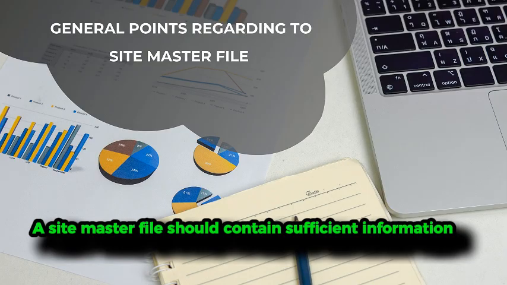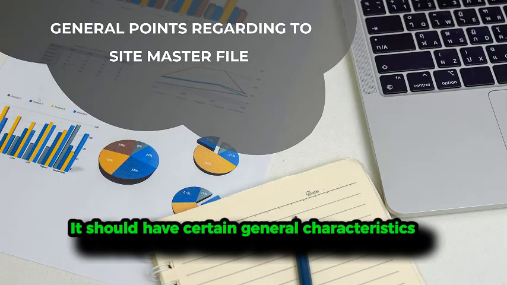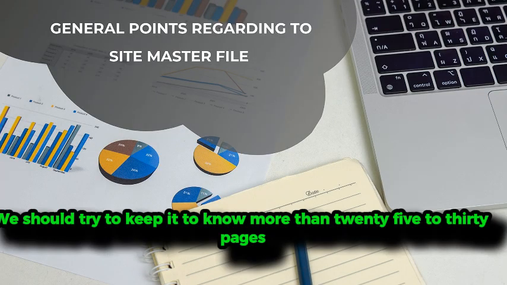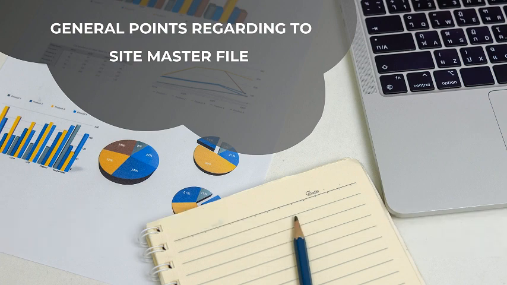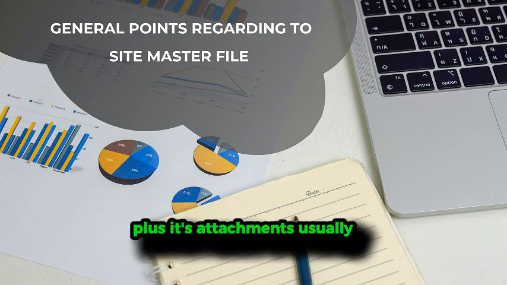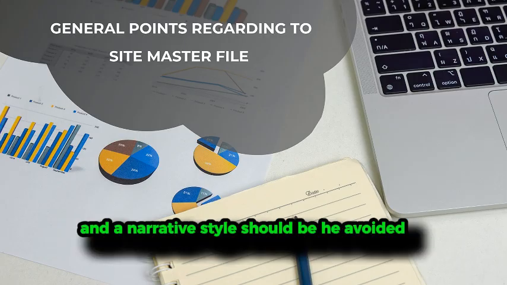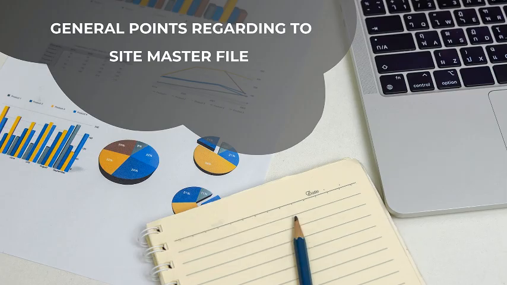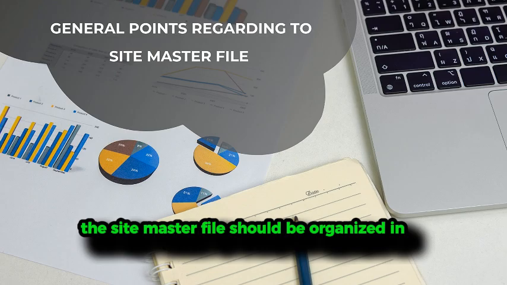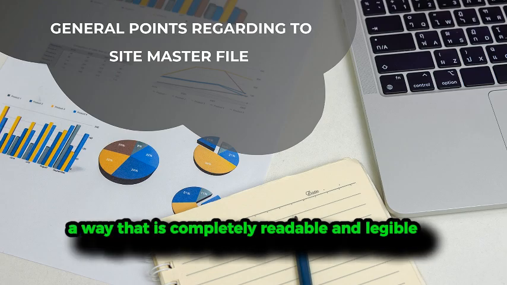A site master file should contain sufficient information, but as much as possible, it should have certain general characteristics. We should try to keep it to no more than 25 to 30 pages, plus its attachments. Usually, simple designs are preferred over complex ones, and a narrative style should be avoided. The site master file should be organized in a way that is completely readable and legible.